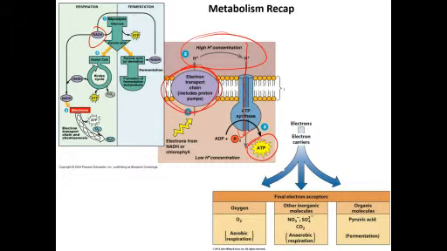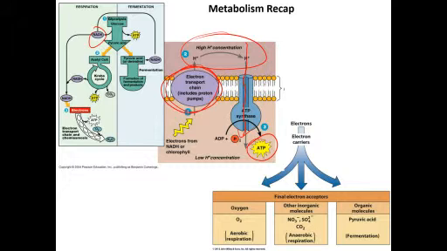So the whole purpose of glycolysis and Krebs is to oxidize glucose. In the process of oxidizing glucose to CO2, you extract all that chemical potential energy, you shuttle it to the electron transport chain, where you generate a proton gradient, an electrochemical gradient of potential energy, used to generate ATP.